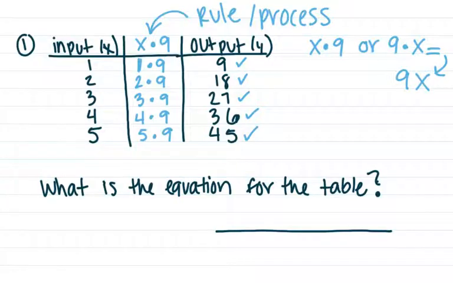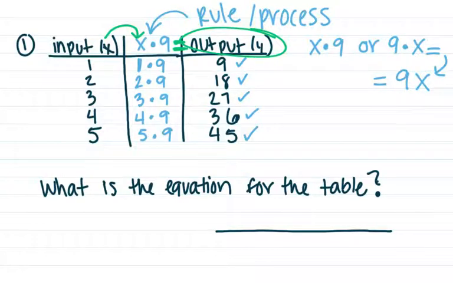All I have to do to write an equation is I have to have an equal sign, and it has to equal something. Well, what does 9x equal? Well, 9x equals my outputs over here, because I'm plugging in these x's right here, and they're spitting out these answers.